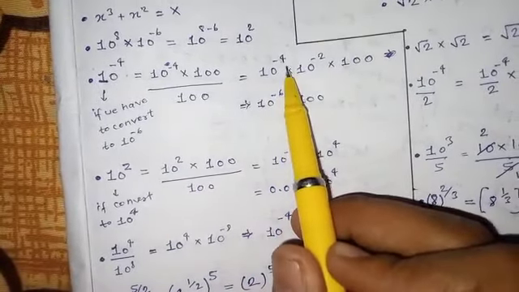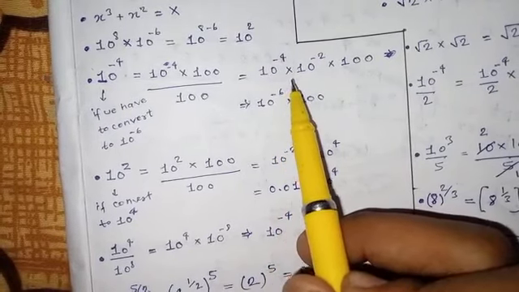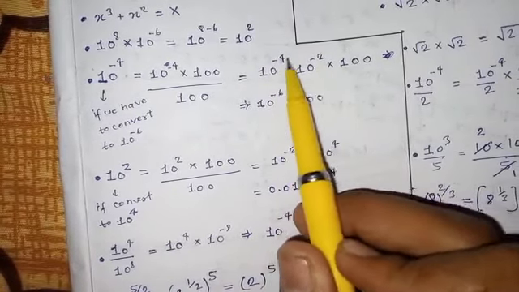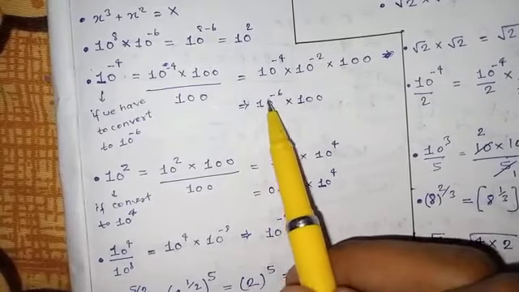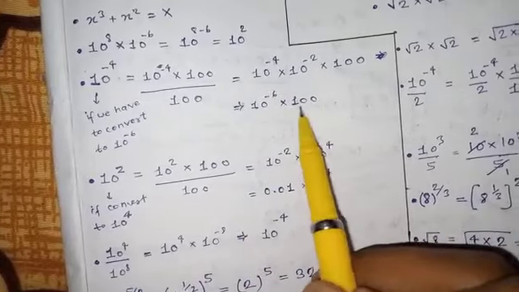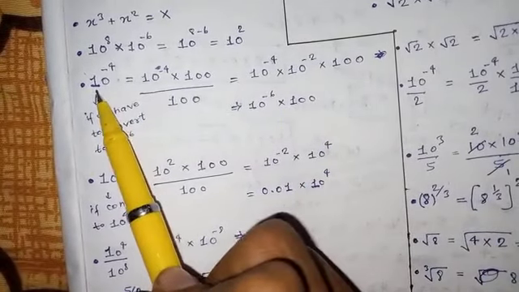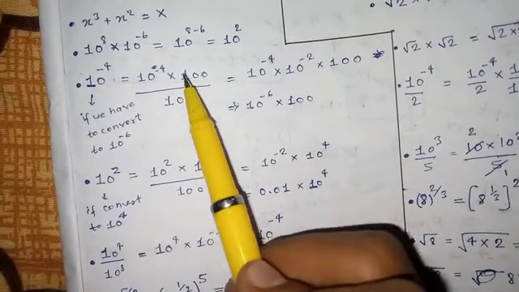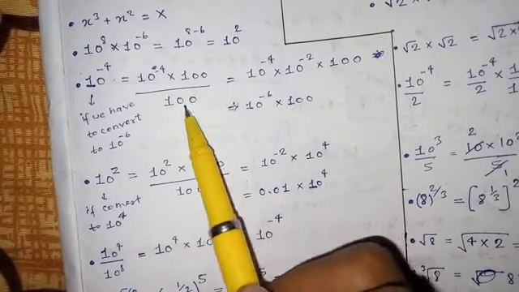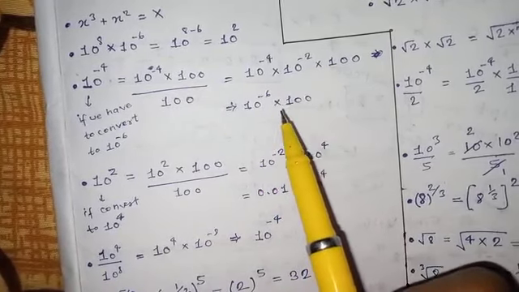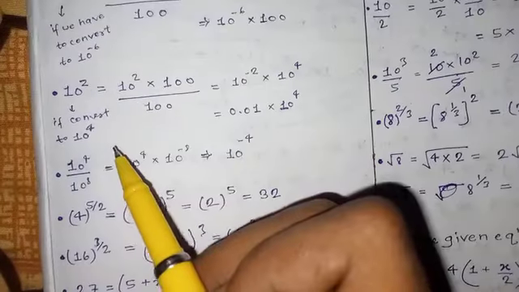If the sign in between is multiplication, then we will add both powers, and after adding, it will become 10 to the power minus 6, and this 100 will remain the same constant. So if we have to convert 10 to the power minus 4 into 10 to the power minus 6, then simply multiply and divide by 100, and you will get 10 to the power minus 6 into 10 to the power 2. That's the answer.